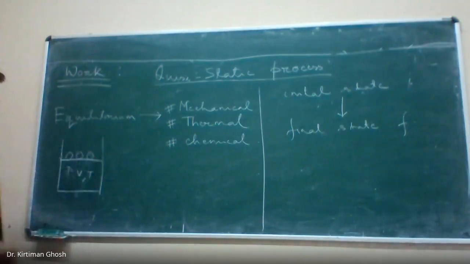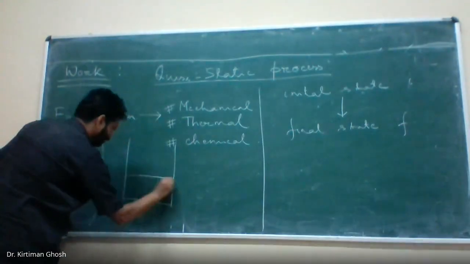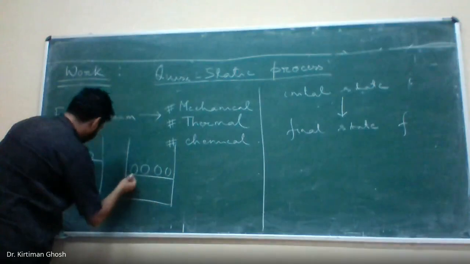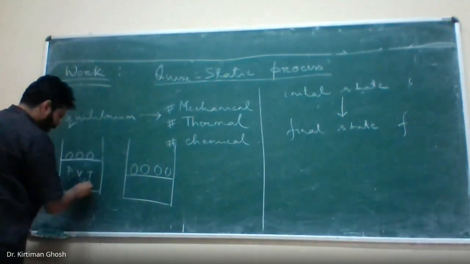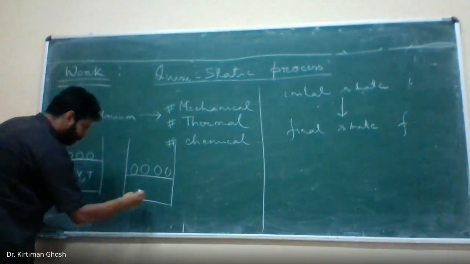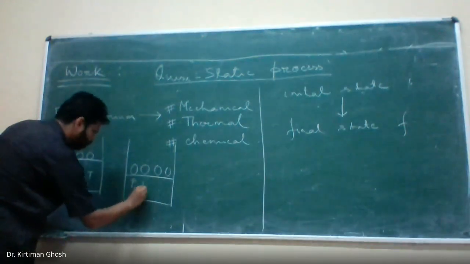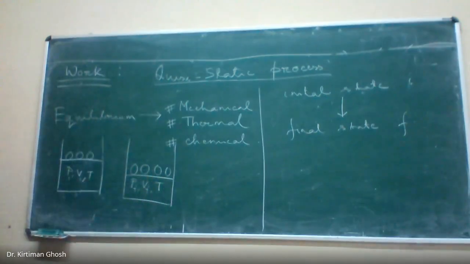Now I put another weight here. The volume will change, say from PI, VI, and TI, and since it is in a thermal bath, the temperature is not changing. Pressure will go to PF, volume will go to VF, and temperature will stay the same.